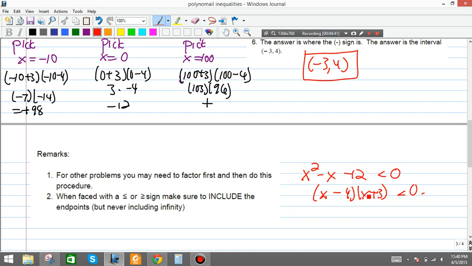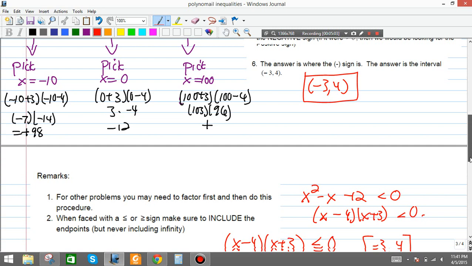If I had (x - 4)(x + 3) less than or equal to 0, then the answer would have been negative 3 to 4, and you would have had to include the brackets.